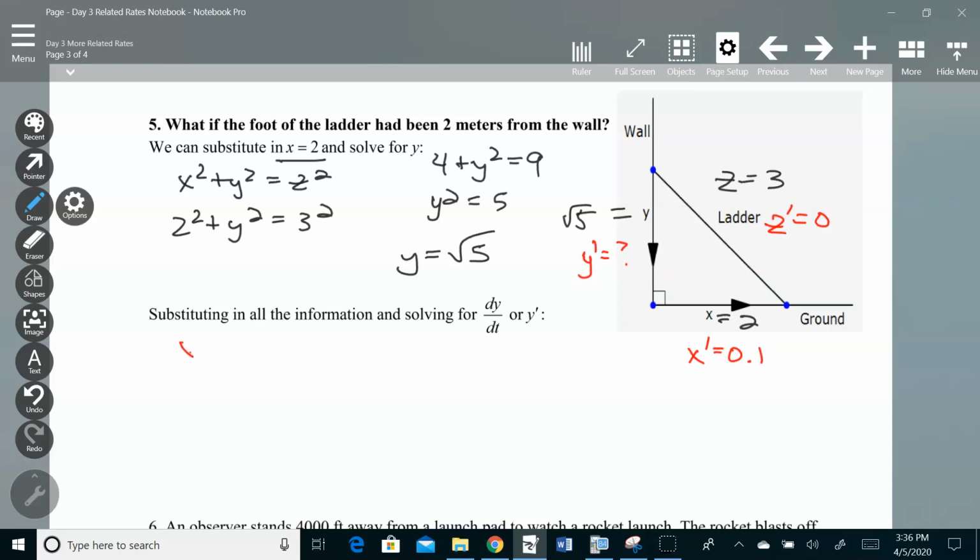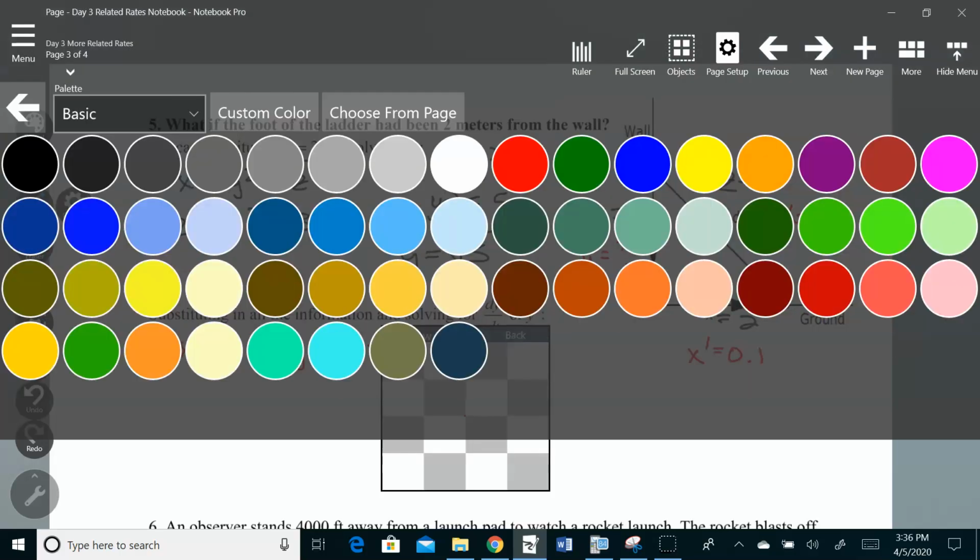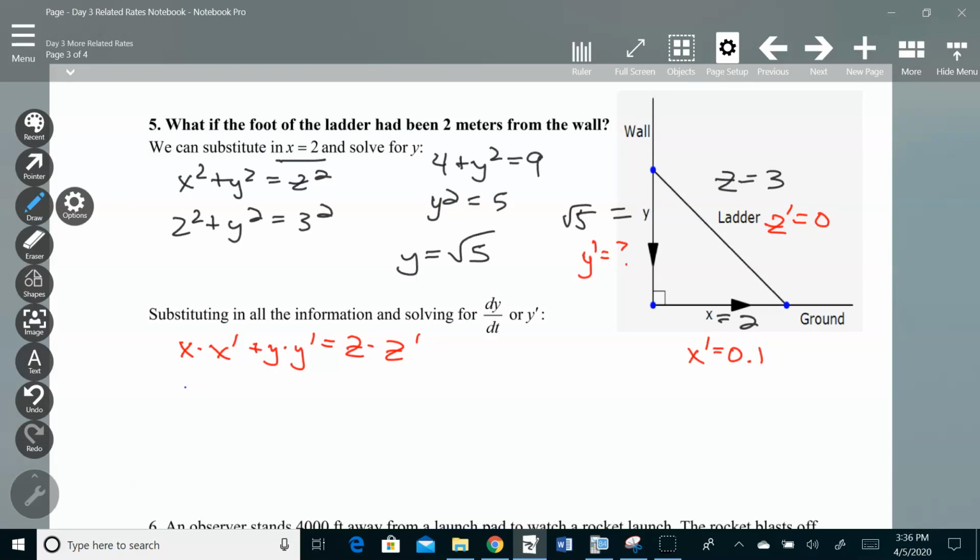If I use my Pythagorean theorem of x times x prime plus y times y prime is equal to z times z prime, I substitute in what I know, I get 2 times 0.1 plus radical 5 times y prime is equal to 3 times z prime, that I know, times 0, and I get 0.2 plus radical 5 y prime is equal to 0.